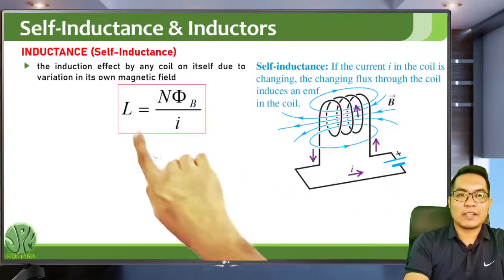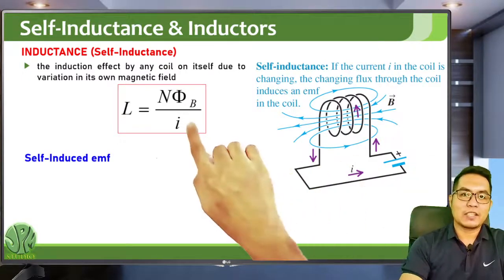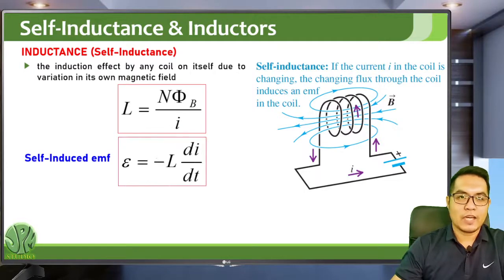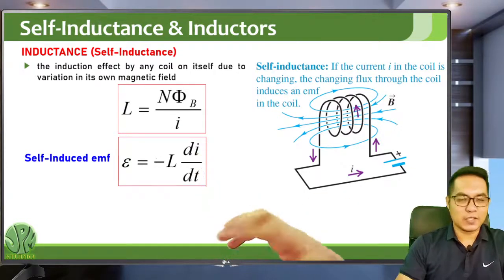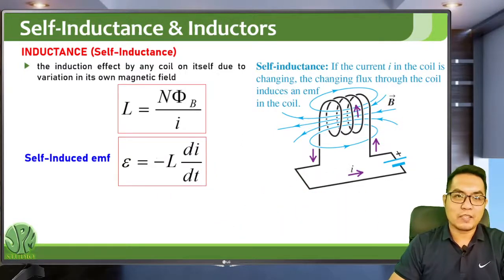The self-inductance is given by the symbol L, and it's just the number of turns times the flux over the current. And the self-induced EMF is just negative L di/dt. So it has the same format as the mutual inductance.